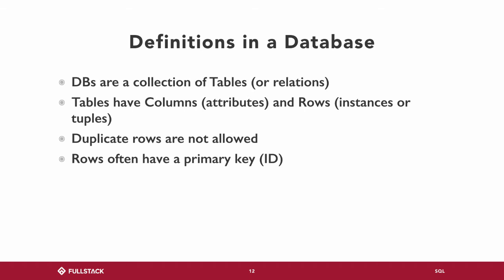Some rules that are there are that duplicate rows are not allowed. And one of the things that a lot of databases put constraints on is to say that a database table or a database relation is going to have a primary key that enforces the fact that two different rows are not going to be duplicated.